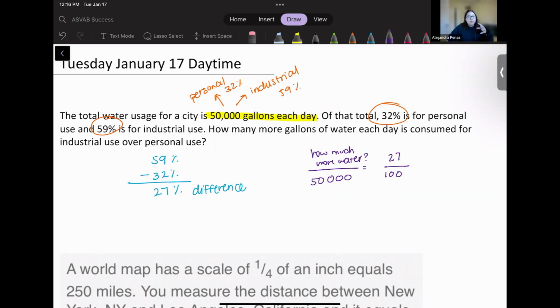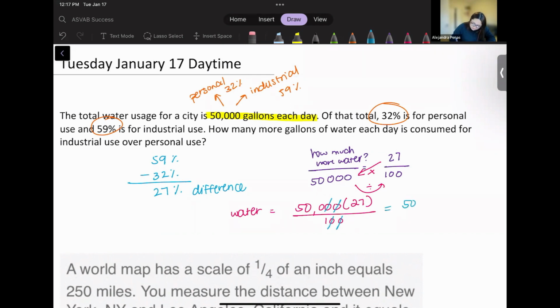So once we have our proportion set up, we can go ahead and cross multiply and divide. So we're going to cross multiply here and then divide over here. So the amount of water is going to equal 50,000 times 27, everything divided by 100. This 0 will go away with that 0, and so will this one go away with this one.